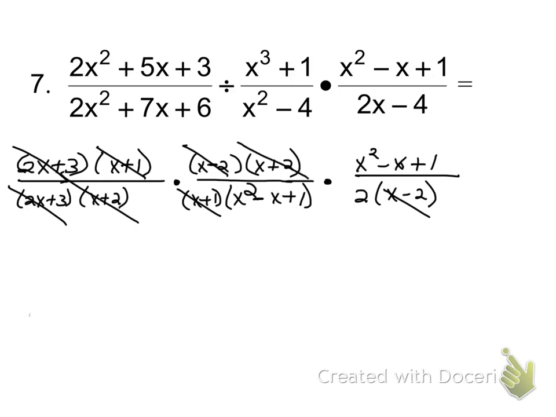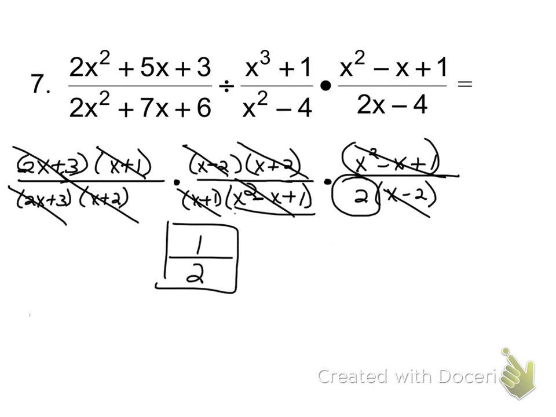And then all of this matches all of this, so that whole thing cancels here. So the only thing we have left is that 2 right there that we didn't cancel. Well, if everything cancels out in the numerator, there's a 1 there. So my answer is 1/2. So all of that canceled out, all of that big problem, the answer is 1/2.